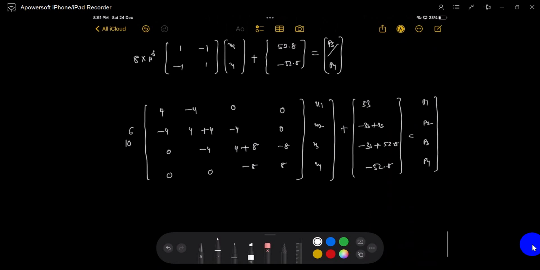So that's KU plus the temperature forces equal to the final force.